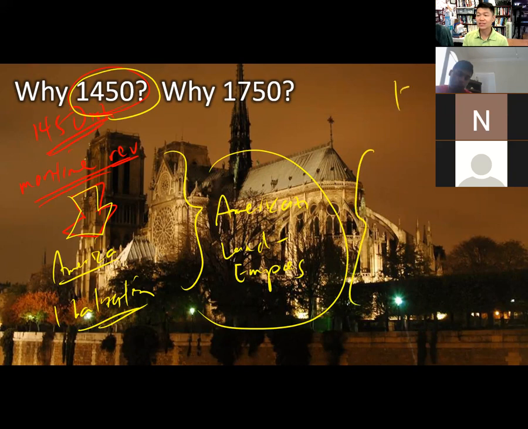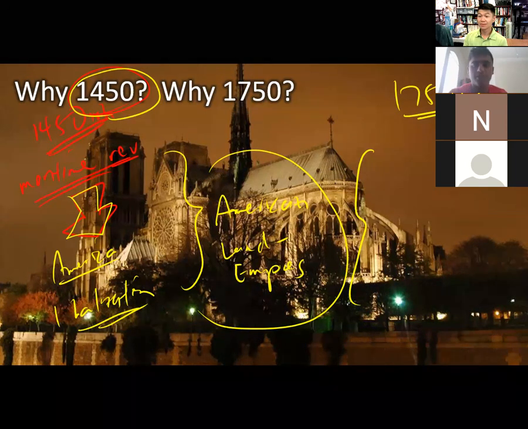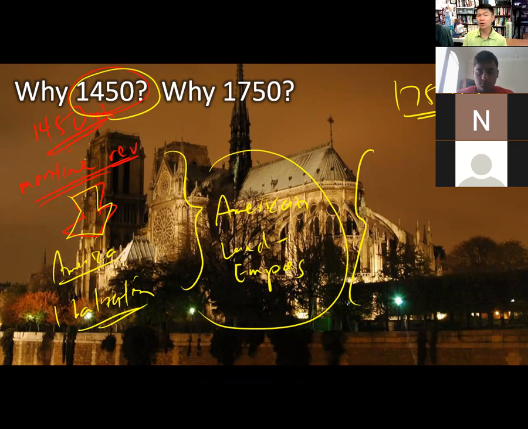Okay, why 1750? New forms of government are uprising in Europe. And new forms of government based upon what? What's going on in Europe that will provide these? The Enlightenment.